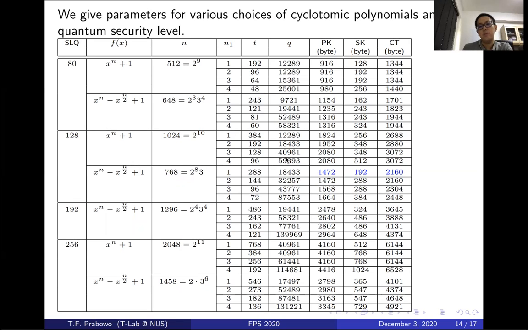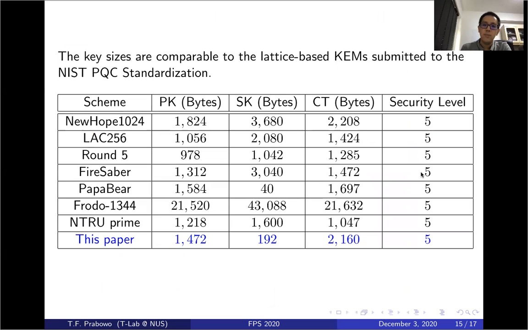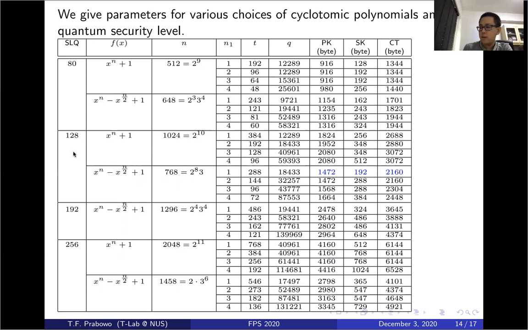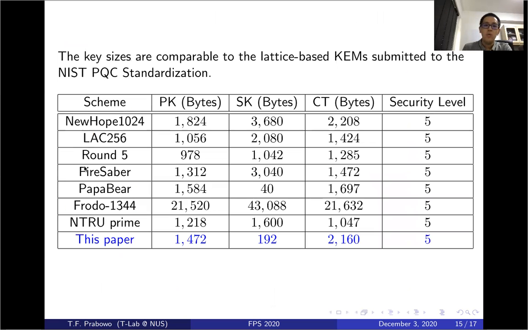Q is bigger than 4B plus 1. We can compute the public key size, secret key size, and ciphertext size. And for the 128 quantum security level, we compare them with other KEMs that were submitted to NIST PQC standardization.